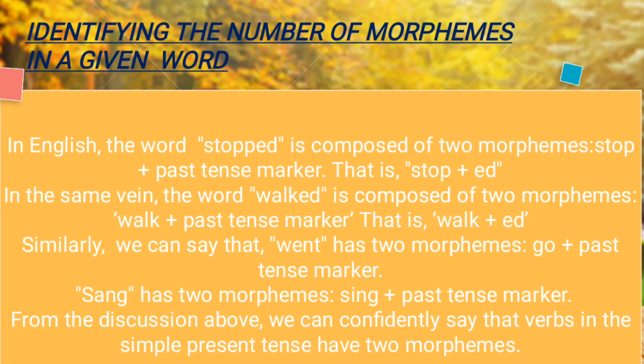In the same vein, the word walked is composed of two morphemes, that is walk plus past tense marker ed. Similarly, we have other verbs that give the same kind of effect. So from the discussion above, we can confidently say that verbs in the simple past tense have two morphemes.